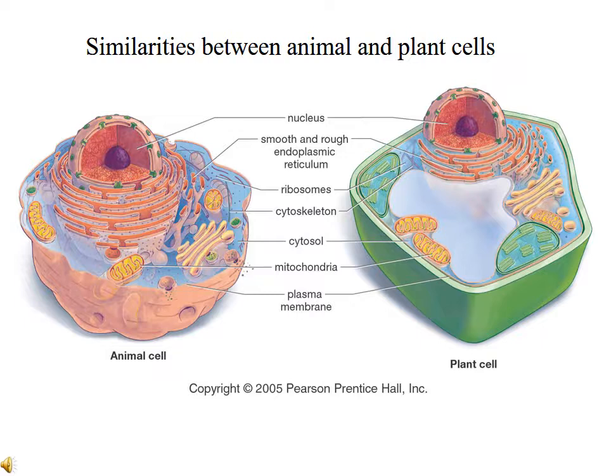And the chloroplasts are responsible for photosynthesis, which is the process, as you will learn, for taking carbon dioxide and converting carbon dioxide to sugars, which plants do quite readily. Now, notice that a plant cell also has all of the other structures that an animal cell has. A plant cell has smooth and rough endoplasmic reticulum, Golgi apparatus, mitochondria, and so on and so on.